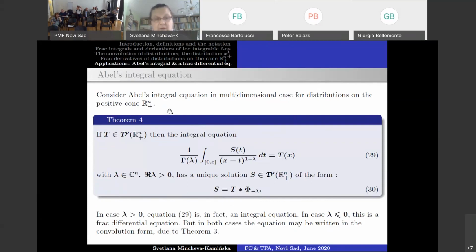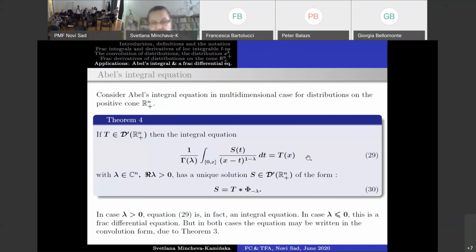application in two cases. The first case considers the Abel's integral equation in the multidimensional case for distributions considered in the positive cone. Here is the theorem which presents the solution of such an Abel's integral equation.